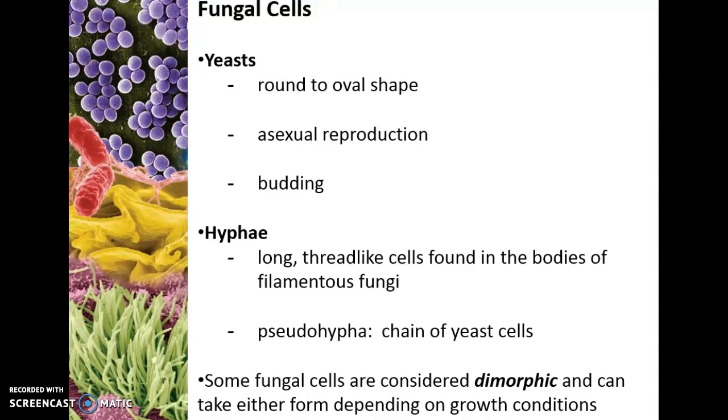So if you have a cell in the environment, right, a fungus in the environment, it will often be the hyphae form because the environment is going to be somewhere around 25 degrees Celsius, 25 to 30 degrees Celsius, and it may or may not have a huge amount of moisture.